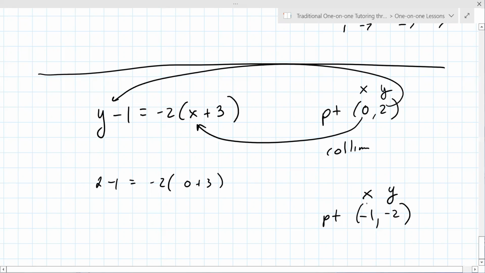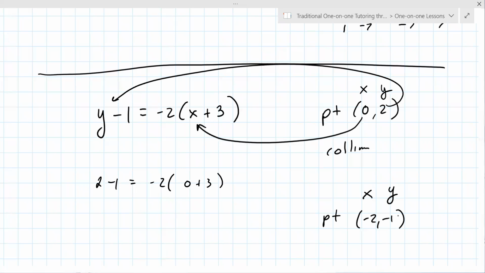I apologize, I gave you the wrong point. It's -2, -1. So -1 minus 1 equals -2 times -2 plus 3. That'd be -2 and -1. Yeah, they would be collinear because they're both equal.